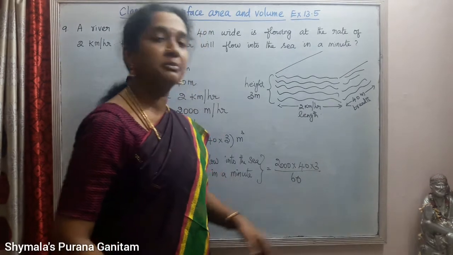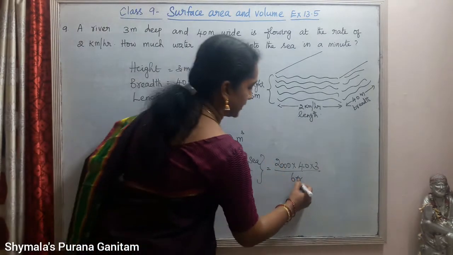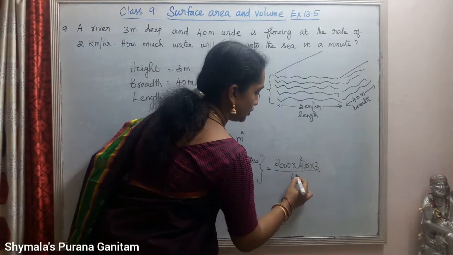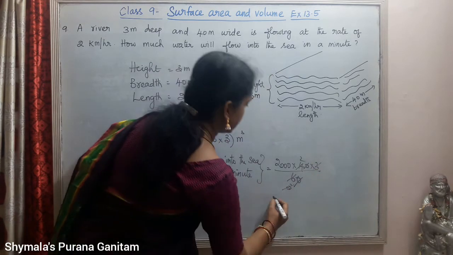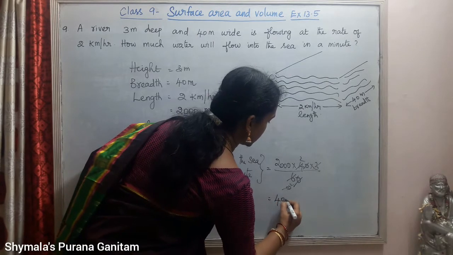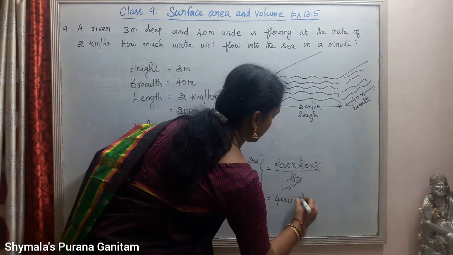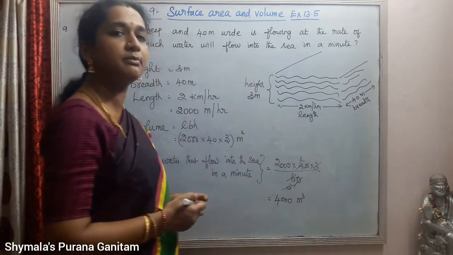So if we simplify this, 2 3s are 6, 3 will get cancelled. So we will get 4000 meter cube. 2000 into 2 is 4000 meter cube.